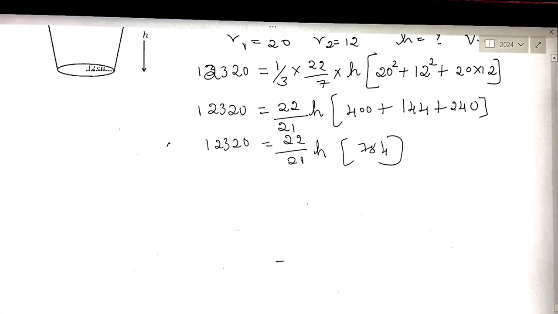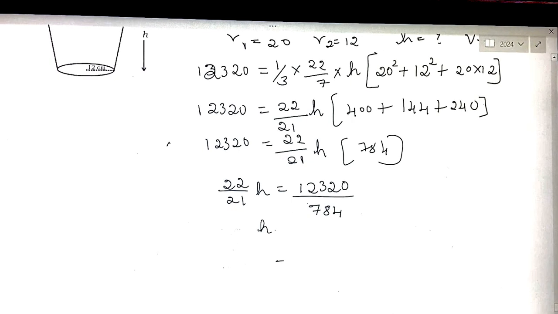Okay. So now if we simplify it further, and if we take this 22 by 21 h to the left hand side, it will become 22 by 21 h is equal to 12320, and this 784, while going to the other side, will become divided by 784.